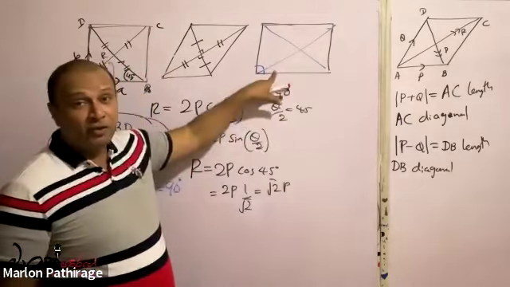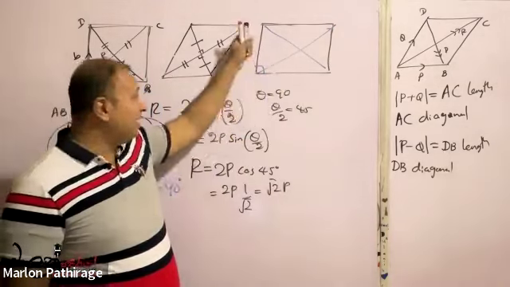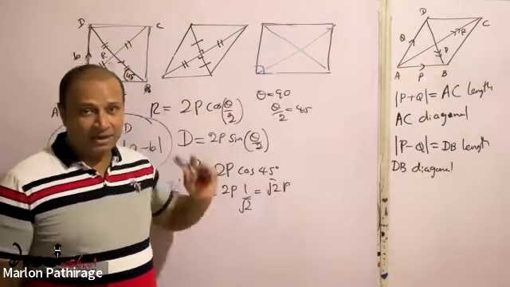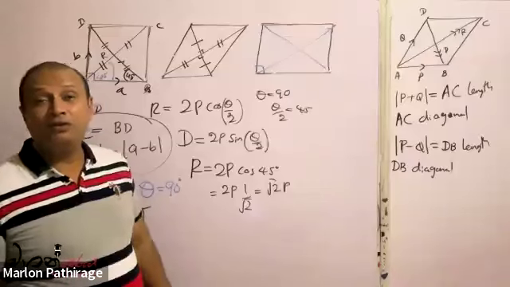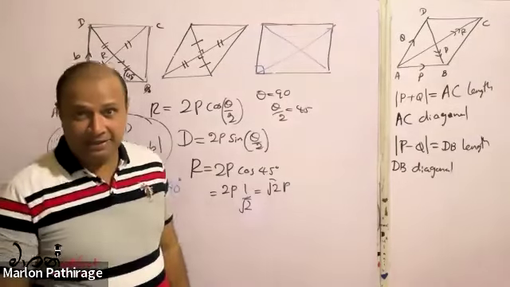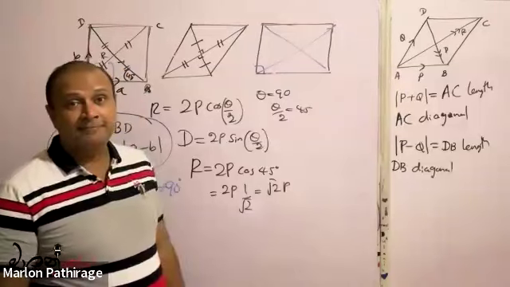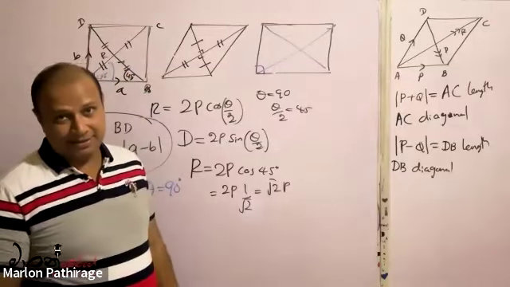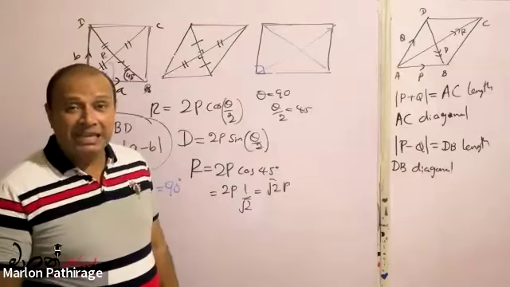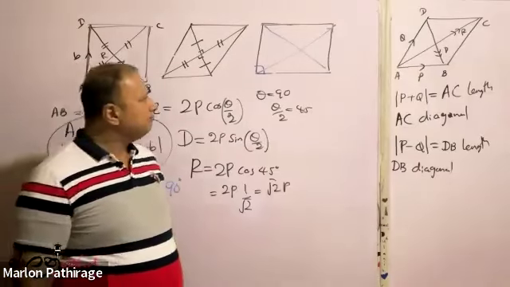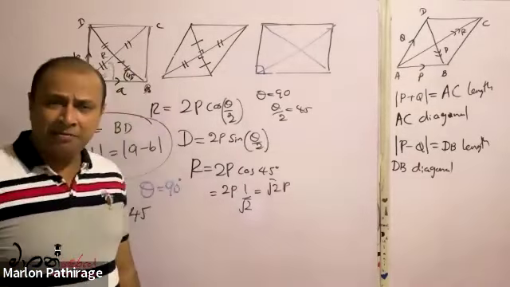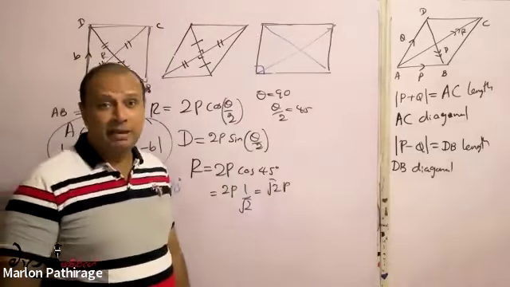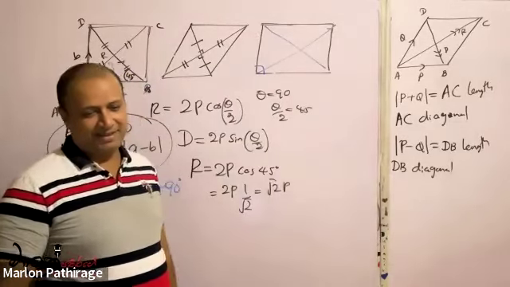This angle is not equal to 45; the entire angle is only equal to 90. Therefore, the angle between the two vectors is 90 and the two diagonals are equal in length. That means modulus of A minus B should be equal to modulus of A plus B.